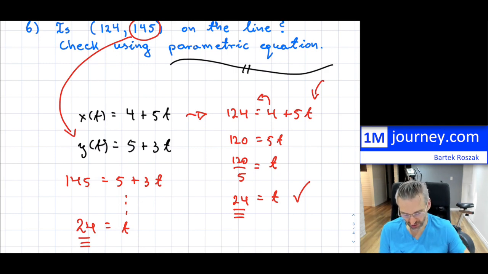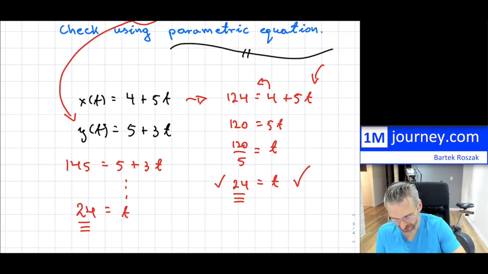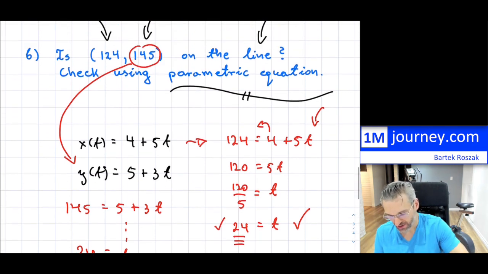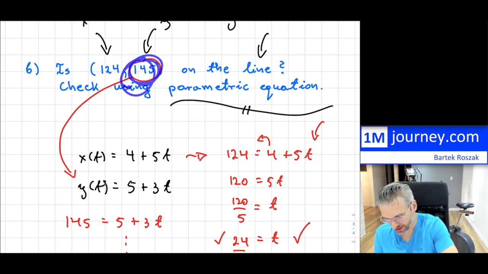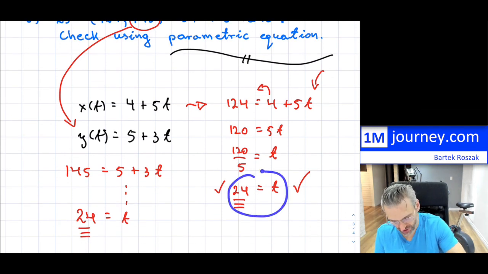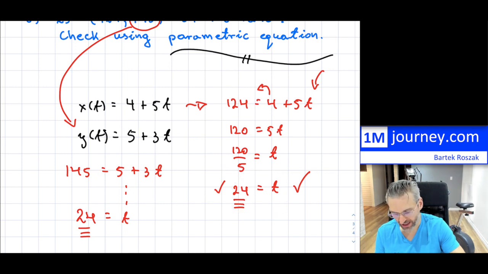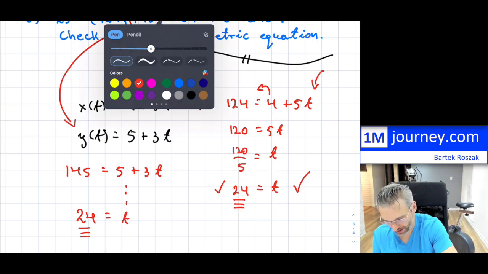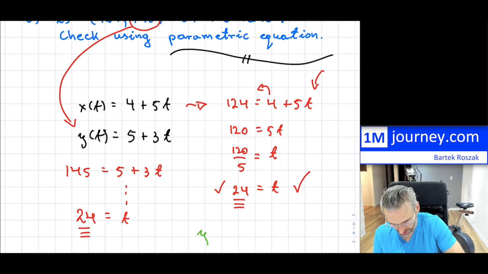Now, what I like to do sometimes is, because I already have this, instead of plugging in this into here, since I've solved for this already, I just plug it into here and check if I get the same value. So let's plug in 24 into this.